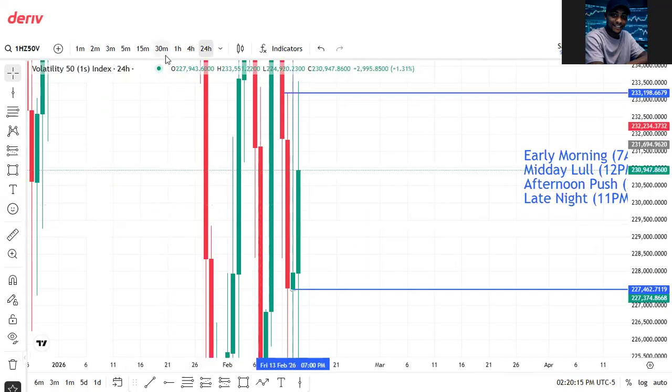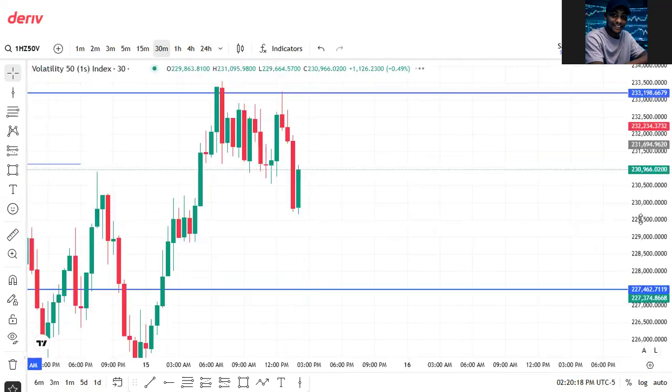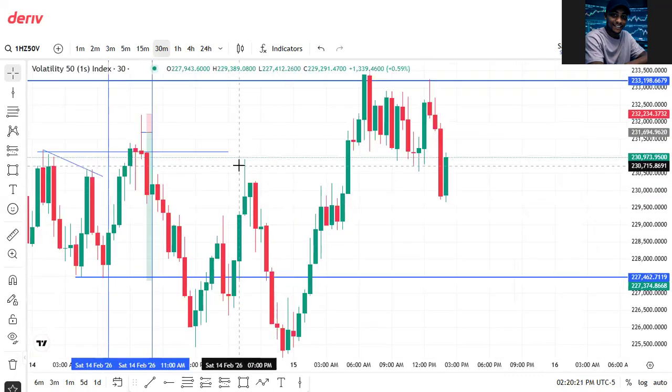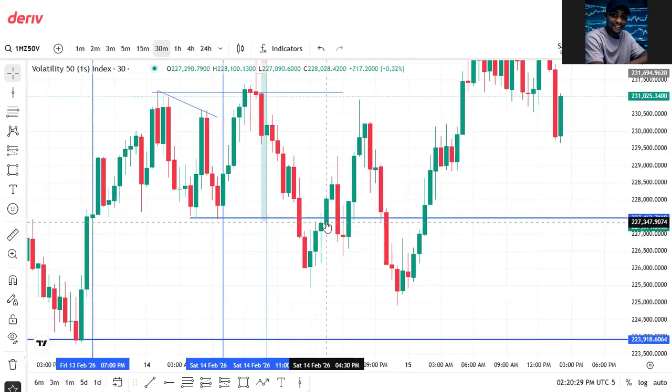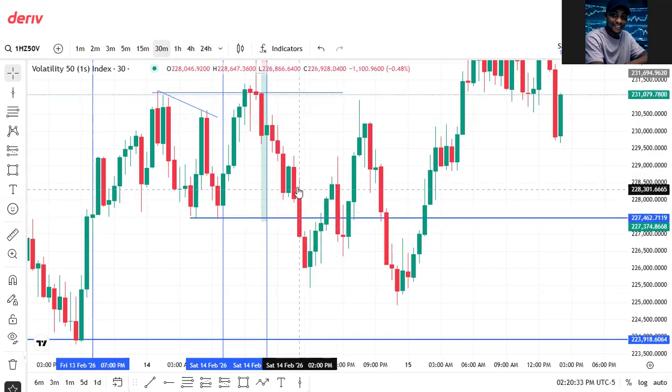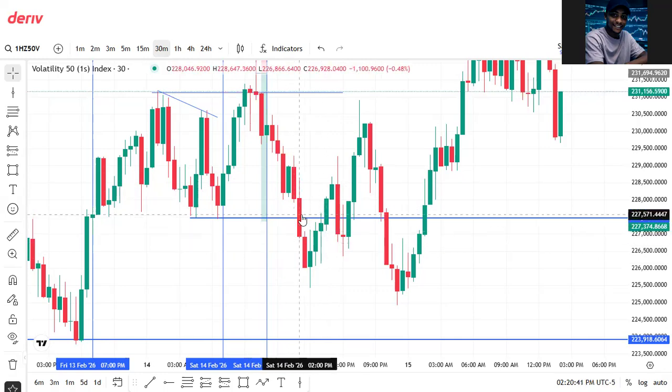So if you go to 30 minutes, you literally see, look at anything from 3 a.m. to 5 a.m., literally anything from here to here. You see that. So the momentum and the volatility are very okay at these times.